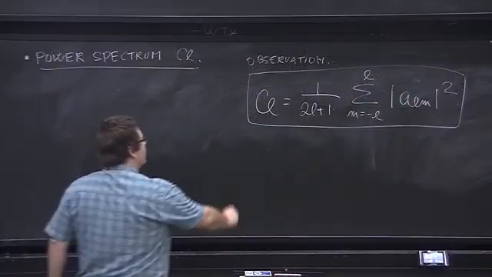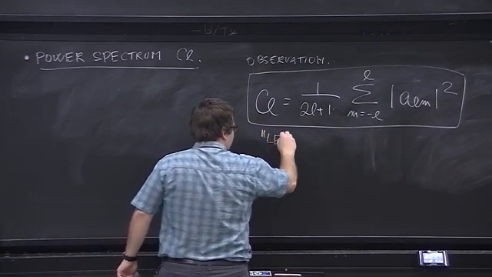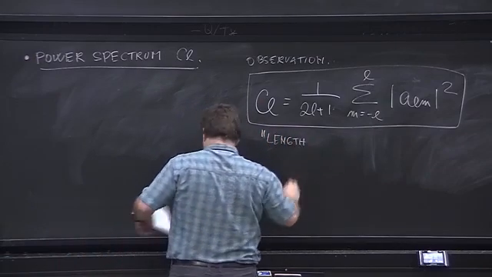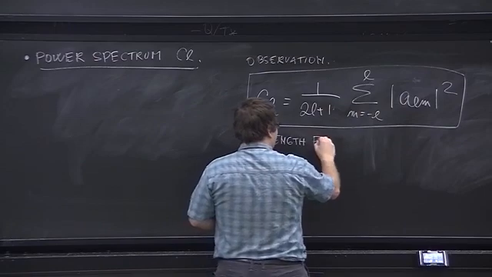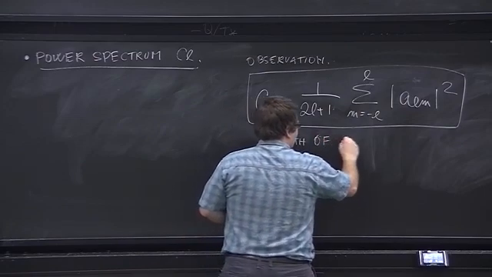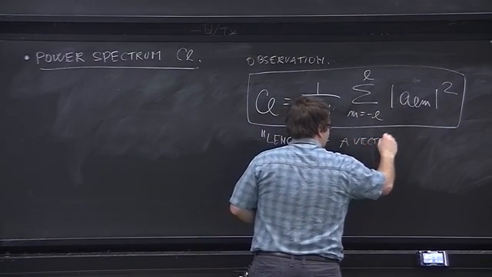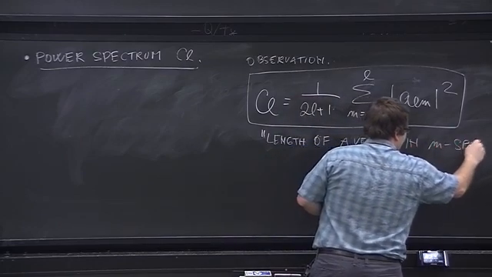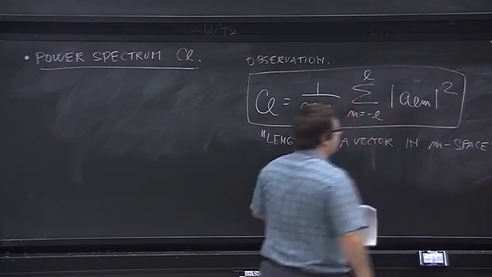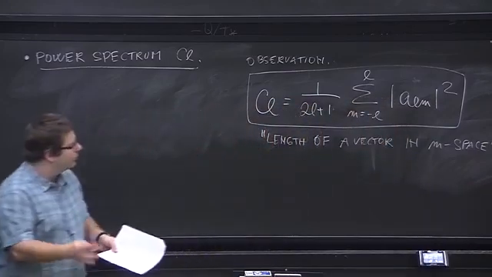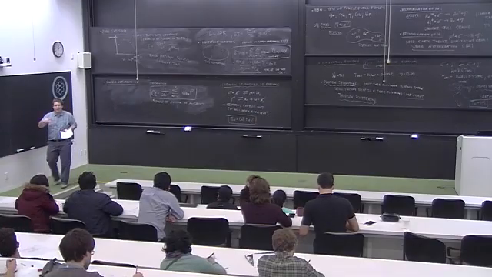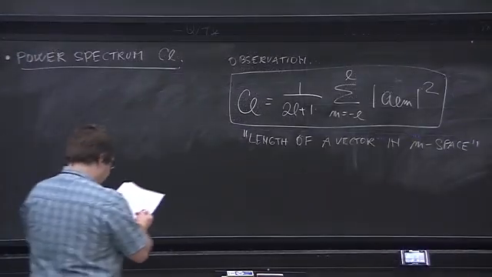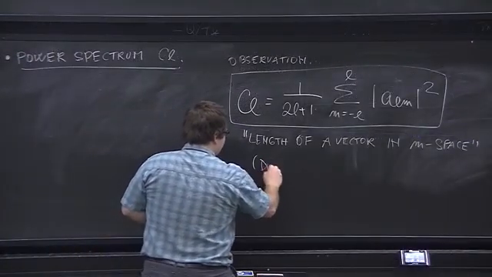And if you want, it's a length of a vector in M space. So why this is interesting is that the length of the vector in M space is rotationally invariant. Okay, it does not change.